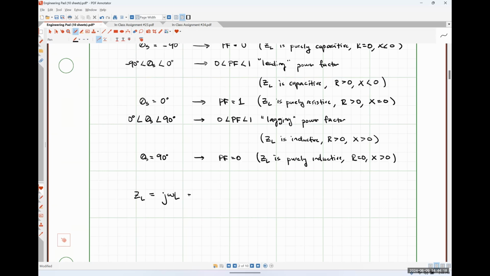That's what we said. But when we looked at it in a more formal rectangular form, we called it 0 plus j omega L. The 0 here is the resistance, and this omega L here is the reactance. The positive sign tells us that X is always greater than 0. So it's literally just framing the stuff that we already knew in a slightly different way.